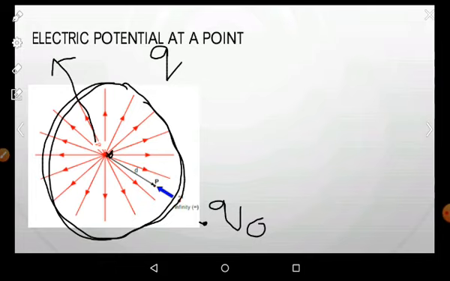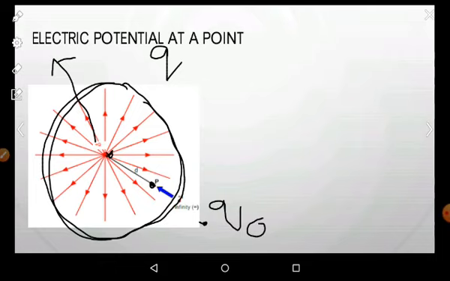When it is placed inside the field, depending upon the nature of Q naught, if it is a similar charge or opposite charge, a force of attraction or repulsion is acting between the two charges. This Q naught is to be placed at any point here.